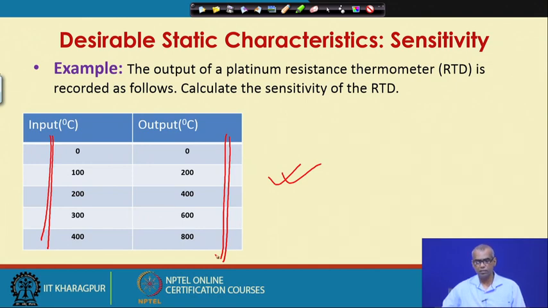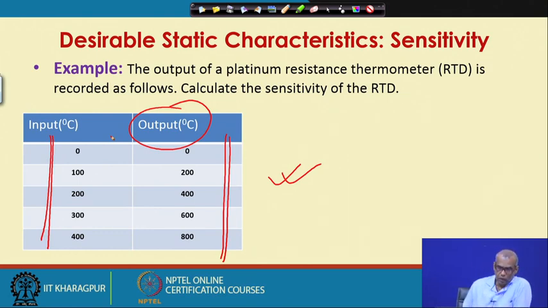Or we can also say that the input to the resistance thermometer is temperature, and its output will be, let us say here we have, the output of the resistance thermometer. So, instead of considering degree Celsius, let us consider the actual output of the resistance thermometer, which is the change in resistance. So, you can obviously see that there is a linear relationship between these two.